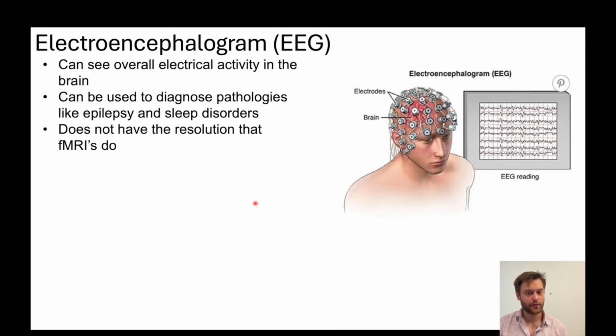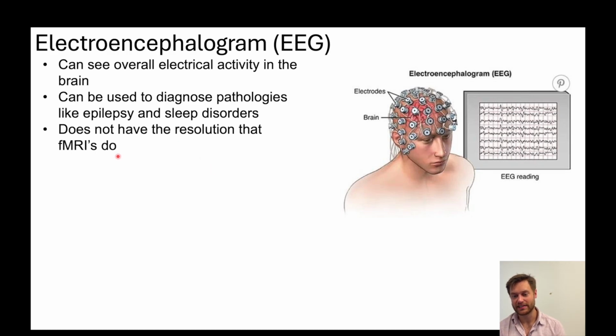Okay, so for an EEG, which is an electroencephalogram, just like this picture shows, they put electrodes all over your head, and they can look at the gross neuronal activity that's happening. So you can see the overall electrical activity in the brain. It can be used to diagnose pathologies like epilepsy and sleep disorders, but it does not have the resolution that fMRIs do.